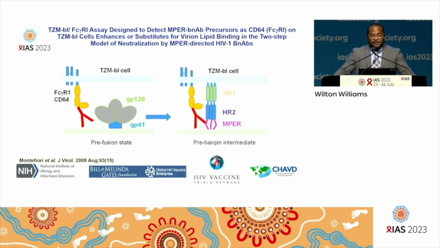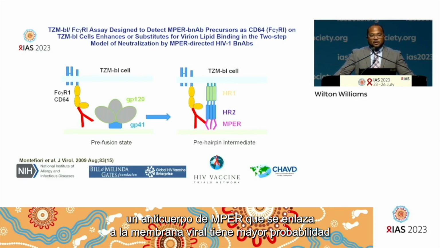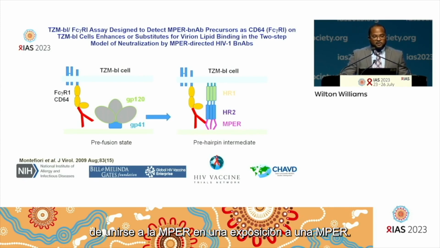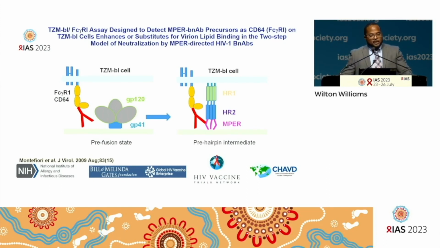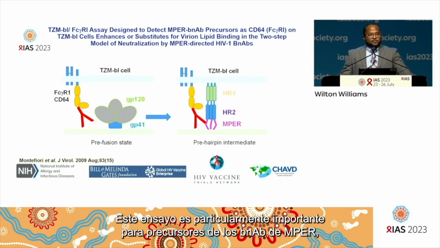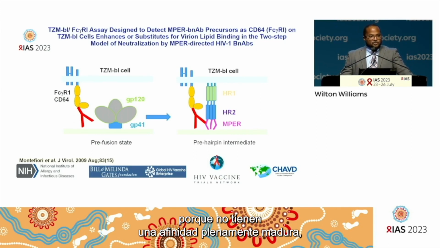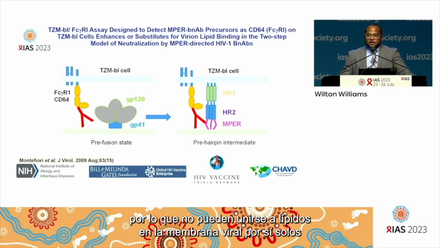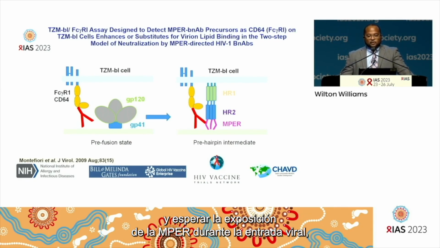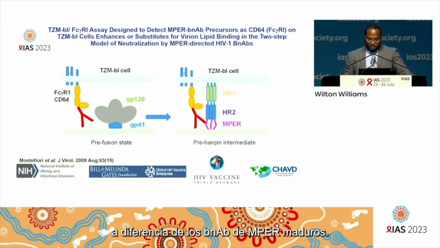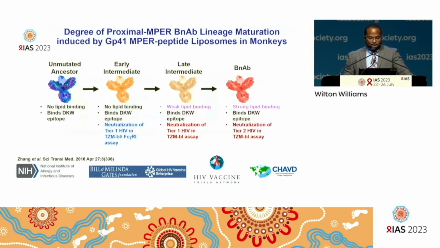As shown on the right, during the pre-hairpin intermediate stage of viral entry, MPER becomes exposed, and as you can see, an MPER antibody tethered to the viral membrane has an increased chance of binding to MPER upon MPER exposure. So this assay is particularly important for MPER bNAb precursors because they have not yet fully affinity matured, so they cannot bind lipids in the viral membrane on their own and await the exposure of MPER during viral entry, unlike the mature MPER bNAbs.